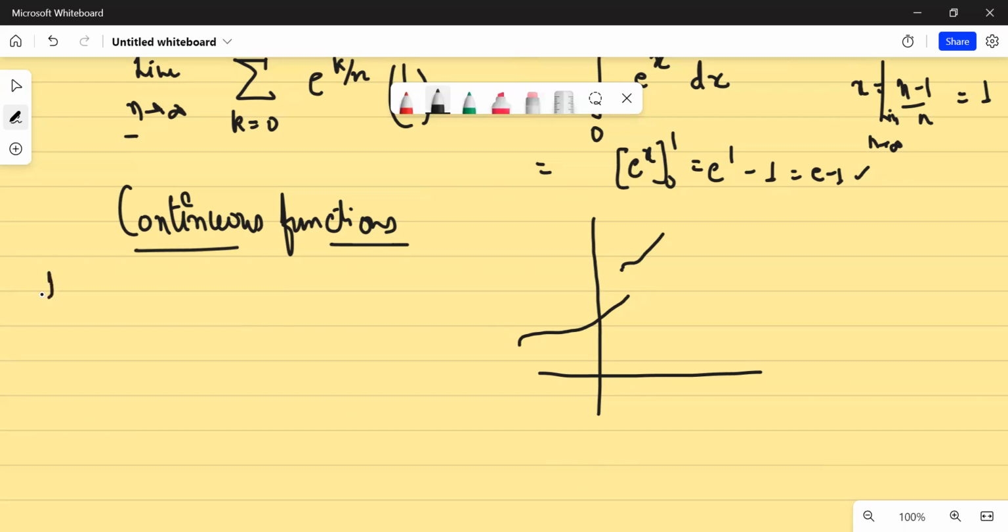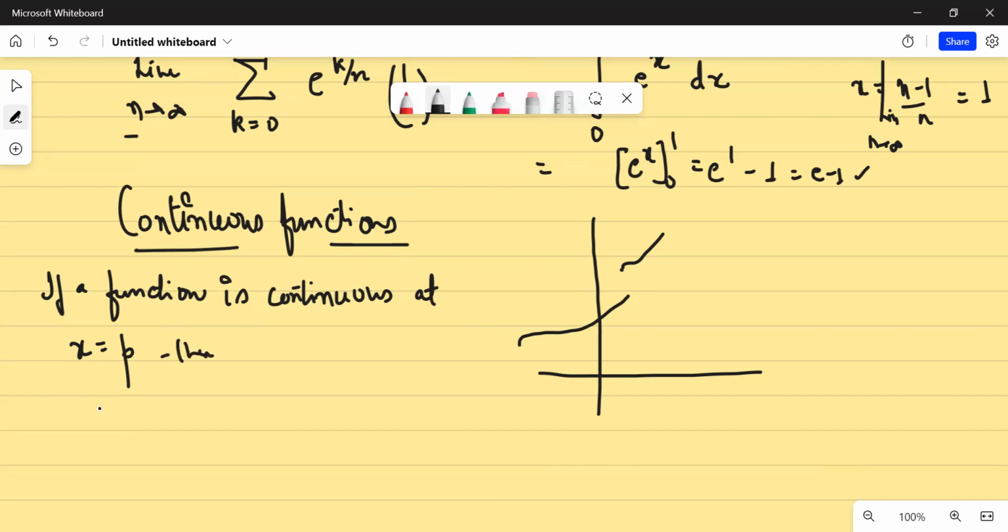I'll say that if a function is continuous at point P, let's say x equal to P, then the first thing is that the limit as x tends to P must exist.